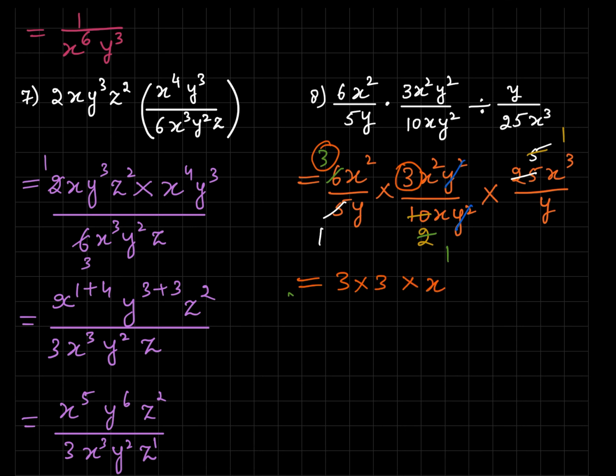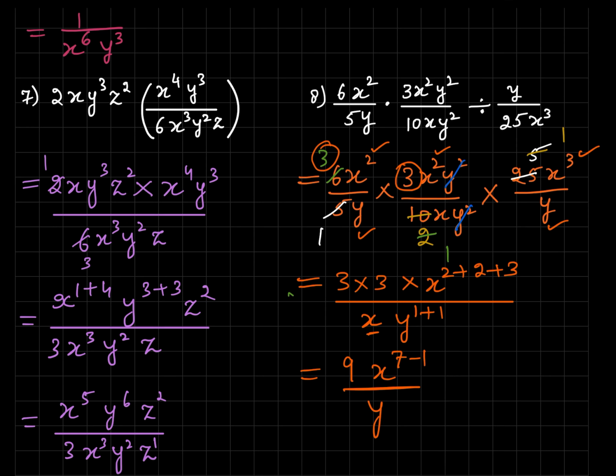Now x square, this one, then plus 2, and this plus 3 over no number in the denominator, only one x is there, and y raised to 1, this and this plus 1, right? So it is what? 3 threes are 9, x raised to 3 plus 2 is 5, 5 plus 2 is 7, and 7 minus this one 1, and y raised to 1 plus 1 is 2.